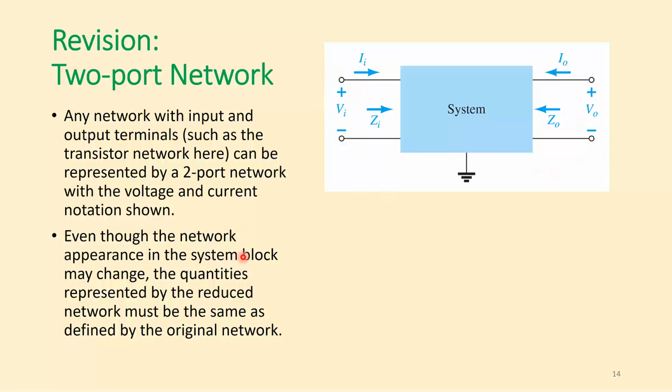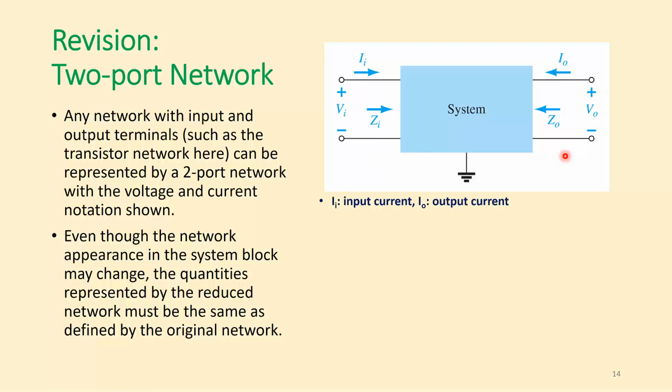Even though the network in the system block may change, it could be a voltage divider bias, an emitter bias, a stabilized bias circuit, or a collector feedback circuit, the quantities represented by the reduced network must be the same as defined by the original network, with these notations represented in the same direction.